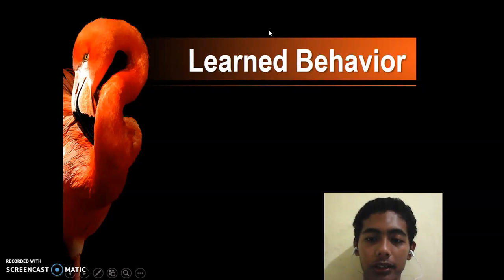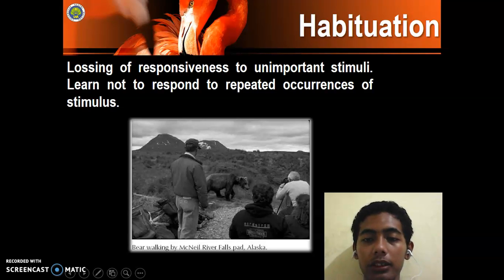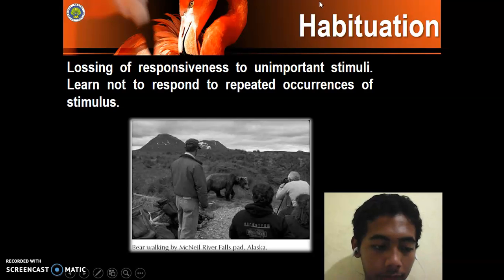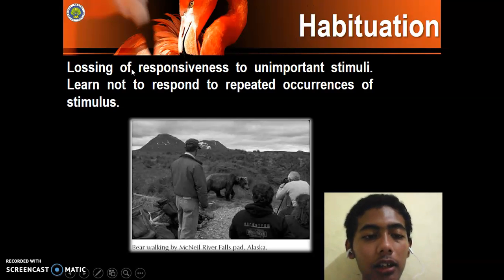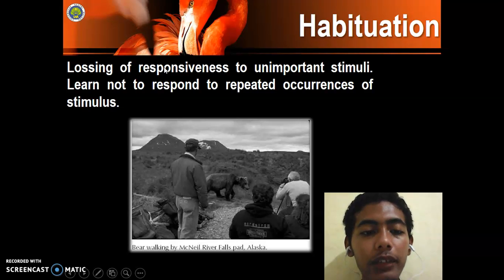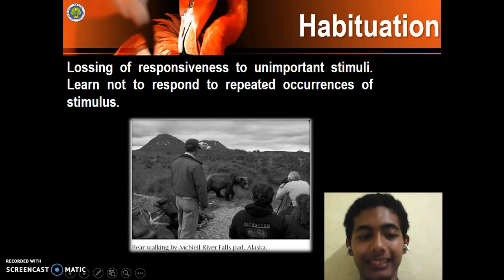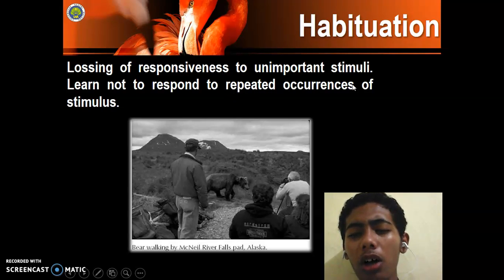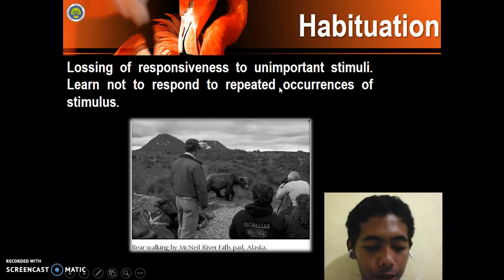Learned behaviors. The first of the learned behaviors is habituation. Habituation is the loss of responsiveness to unimportant stimuli. The animal learns not to respond to the rapid occurrence of the stimulus.